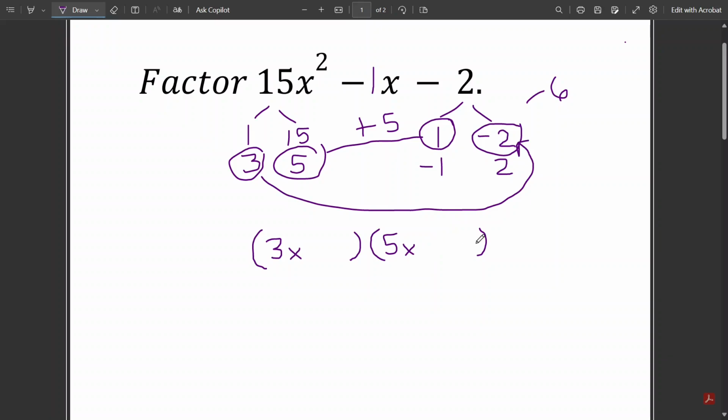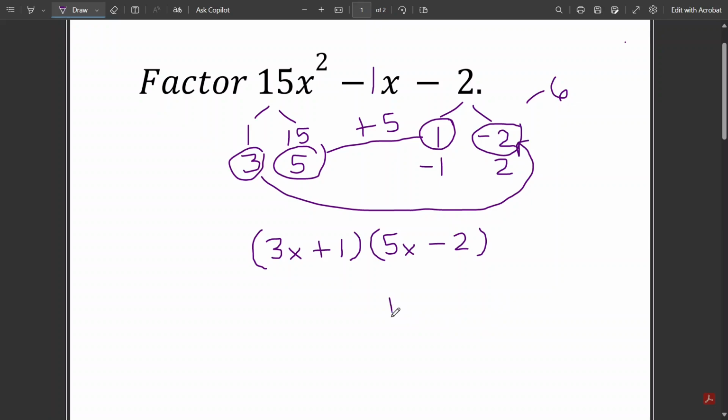So I can't have the 1 in the same parentheses because that's not going to multiply. But if I put a plus 1 here, if you're thinking of foiling these, the inner terms will multiply together. So the 1 will multiply by the 5x. Likewise, I want to multiply this 3 here by this negative 2 here. So I would have to put the negative 2 over here.